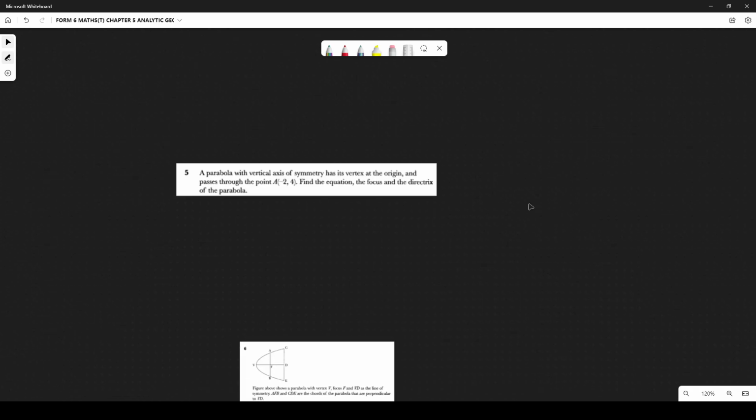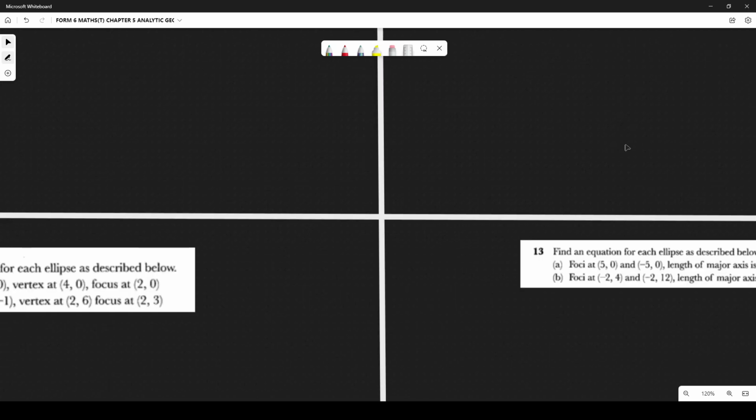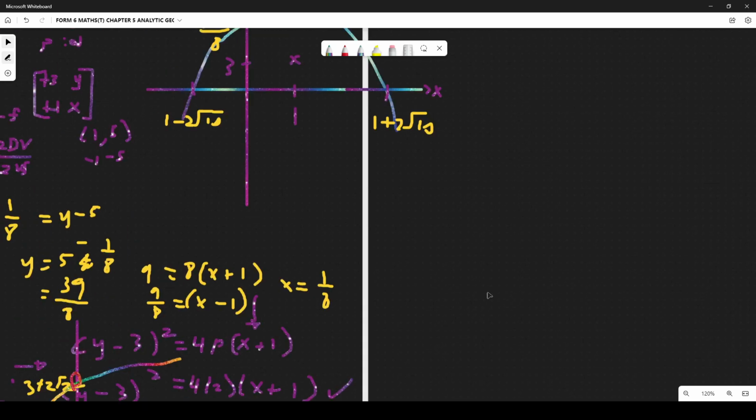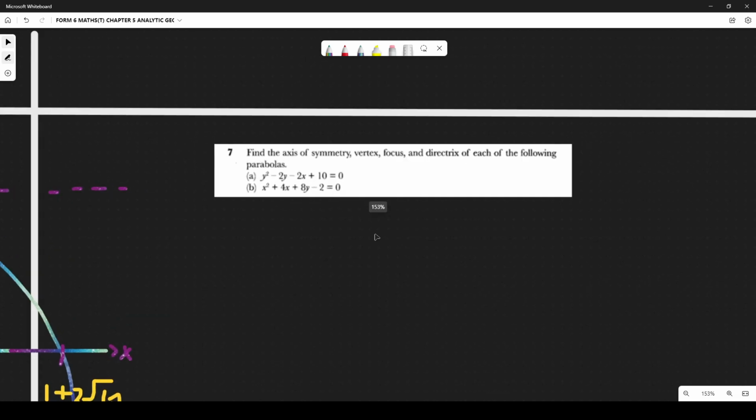Sketch each of the following graphs. I'm going to skip some of the sketching in this class. Parabola. We can do this since this is a very straightforward question.